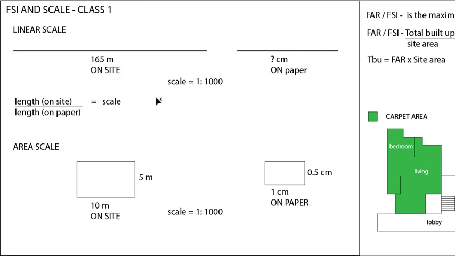On site the measurement is 165 meter. So if I am drawing this line on paper, for how many centimeters should the line be on paper? Okay, if the scale is 1:1000, for converting the 165 meter, we have to draw this in centimeter on paper.